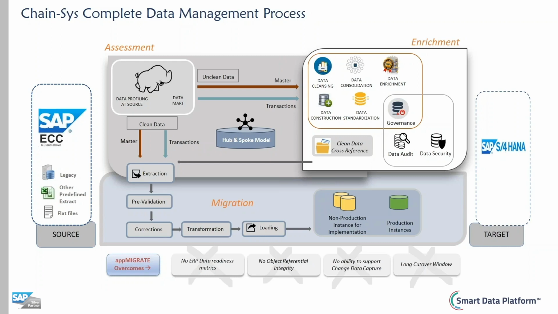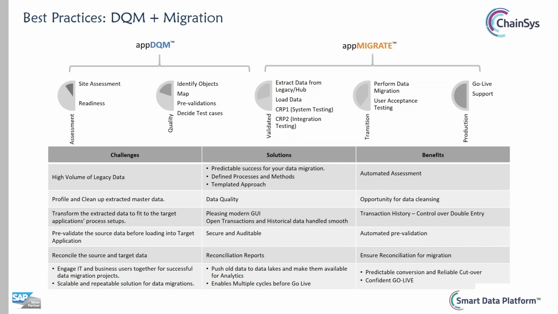All the things you need to do in a migration project are incorporated as different engines in our platform. Data profiling and data dedupe are a great example; we use the Hadoop engine a lot. Once we clean the data, here we are just moving it to one target, but if you have other users, we can also make the data available to other targets. Like we discussed before, before you do a migration, you want to do a data quality assessment.